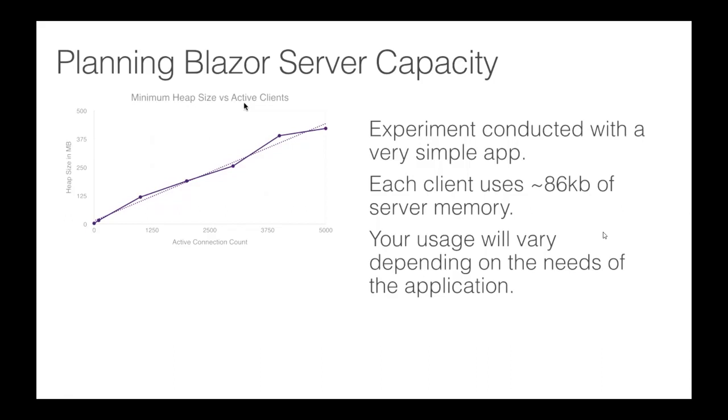This is what the memory usage looks like, all of these data points after triggering a garbage collection. And that's with each of these clients doing some work. Each of these clients is going to the counter page and clicking the counter button every half second or so. So it's not 5,000 connections sitting idle, it's 5,000 connections actually doing something in the app.